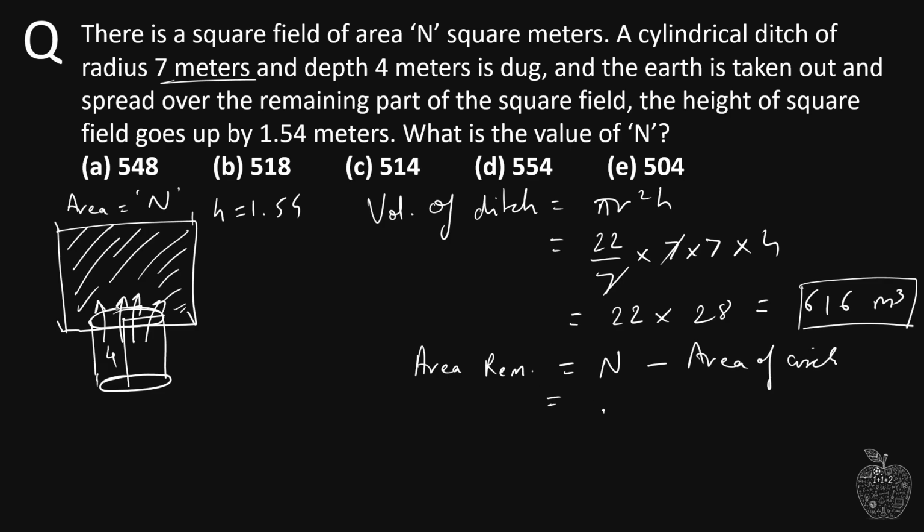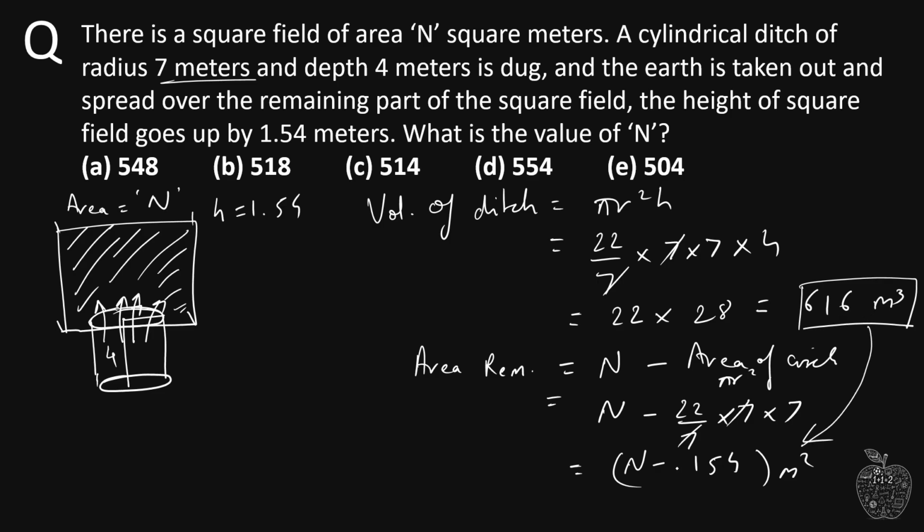So now n minus, formula to calculate area of circle is pi r square, right? For pi I'll write 22 by 7. R is again 7, so 7 into 7, 7 gone, so we get n minus 154 meter square. All right, so that means 616 meter cube of earth is to be spread over n minus 154 meter square area. All right, so this much is clear.